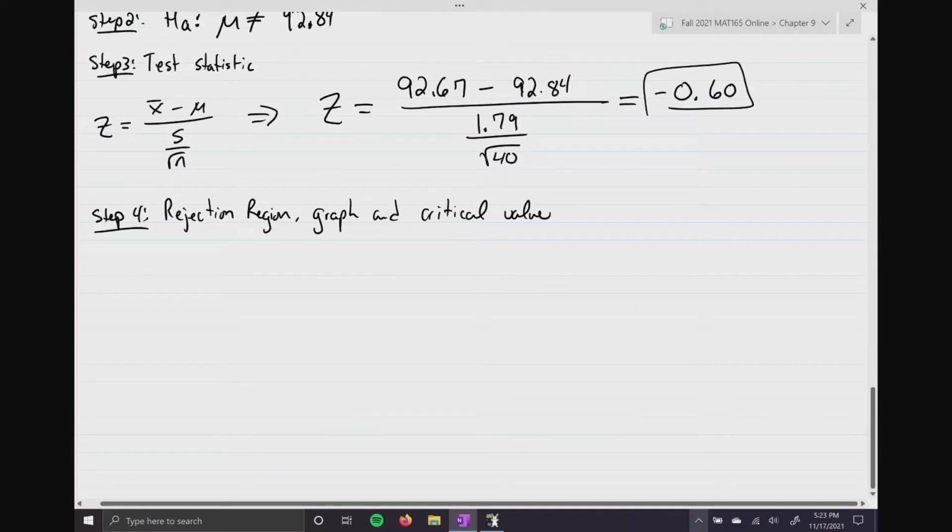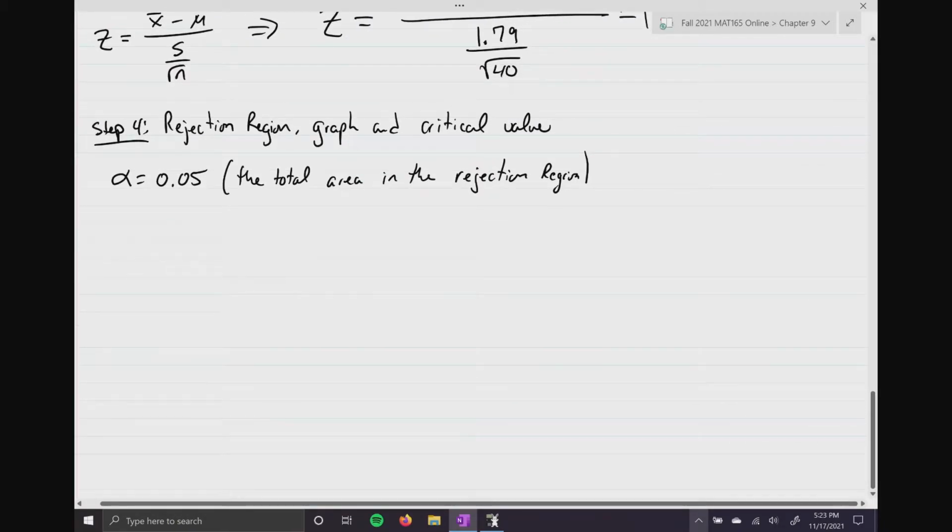So alpha equals 0.05. Now, you have to remember, this number represents the total area in the rejection region.